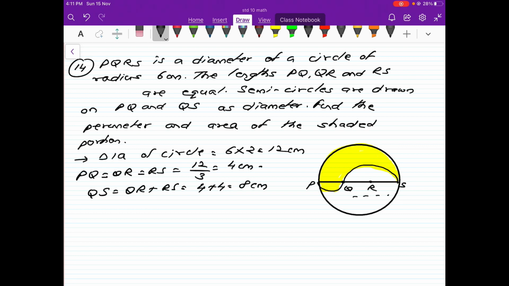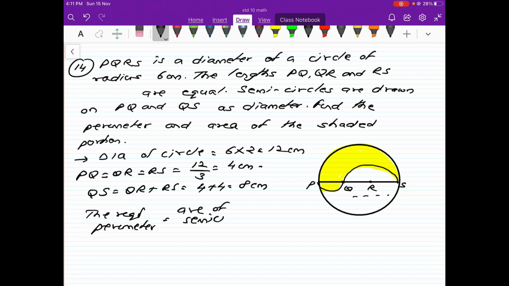Now we want the required perimeter. The required perimeter will be the arcs of semicircles. Now this will be 3 arcs.